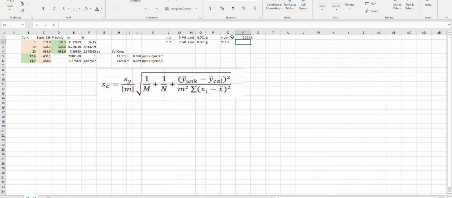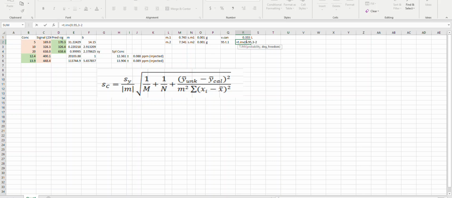And then the 95% confidence level here is going to be equal to T.INV of 0.95, comma, and the degrees of freedom here is 1 because we have 3 minus 2.